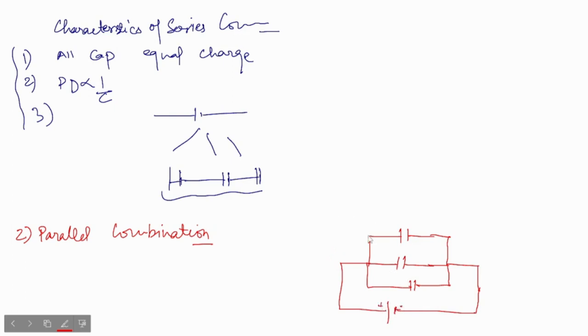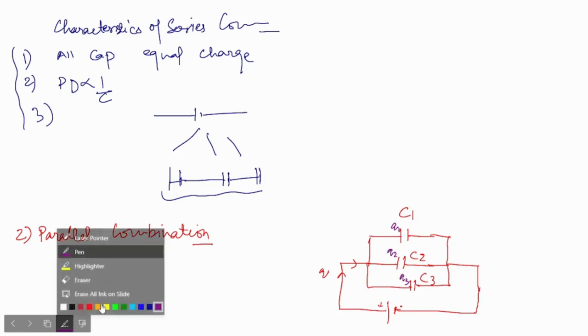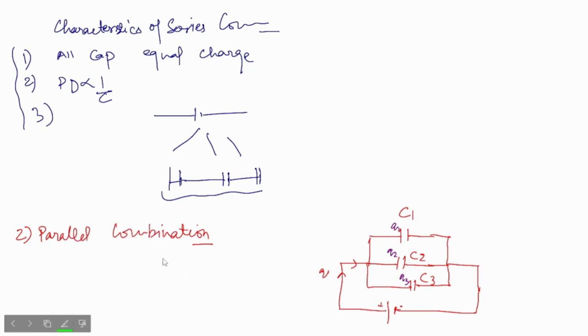Suppose we are supplying the charge Q. These capacitors are C1, C2, and C3. Let's say C1 gets a charge Q1, C2 gets a charge Q2, and C3 gets a charge Q3. Now we need to calculate the equivalent capacitance. The potential across C1, C2, and C3 will be the same as the supplied potential, which we consider as V.